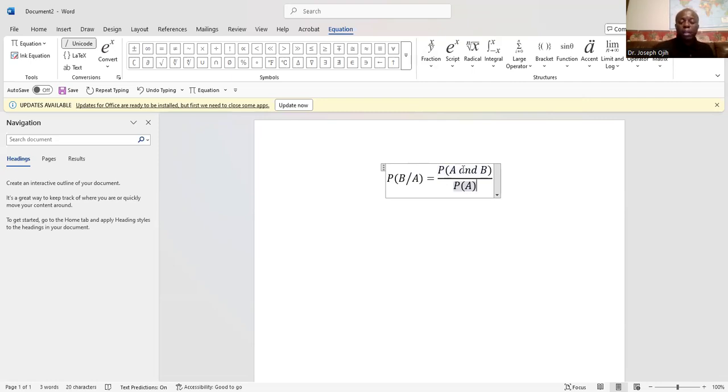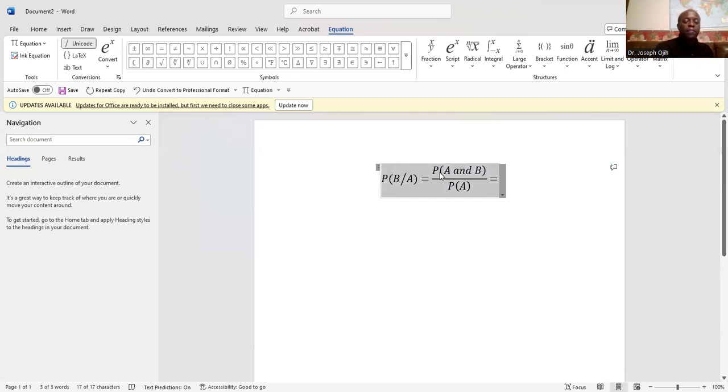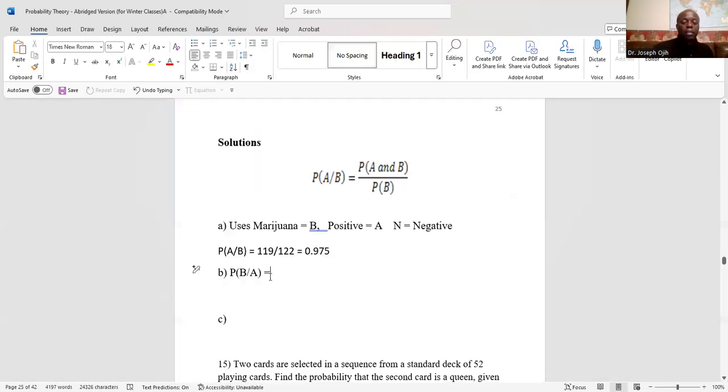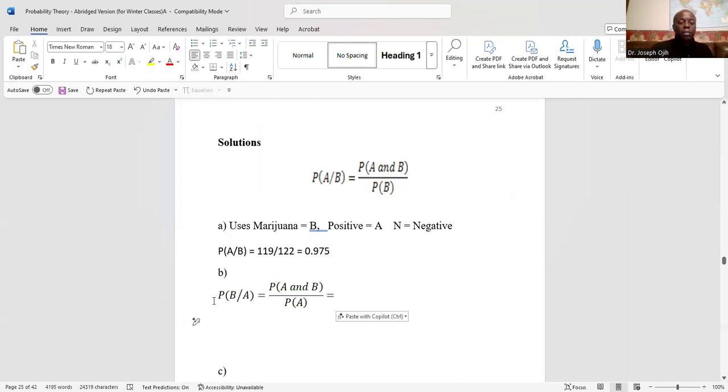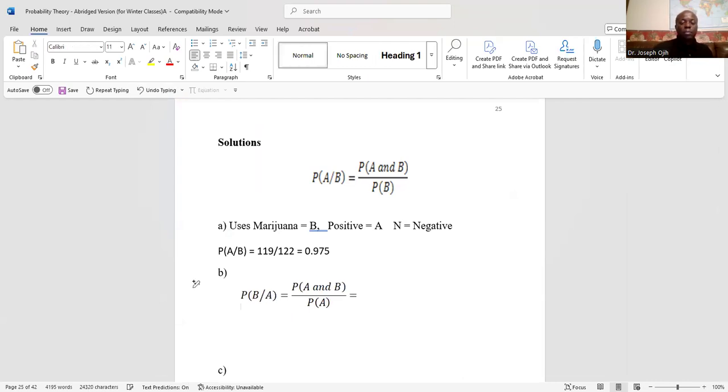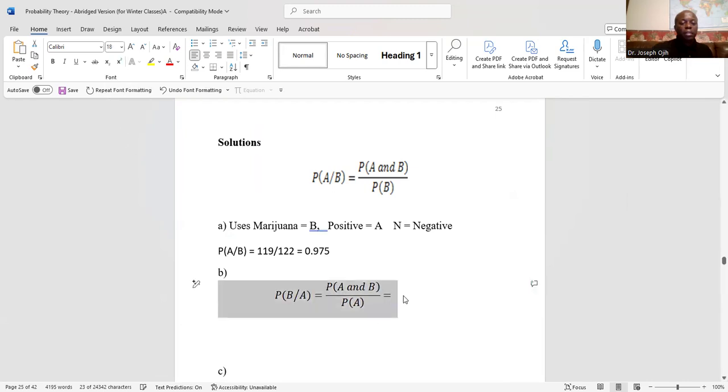So a slight difference in formula. I'm going to put it right here so you can see it. It's almost the same as the one at the top, but a little bit different. So having said that, we can now get our answer right there at the side of it.